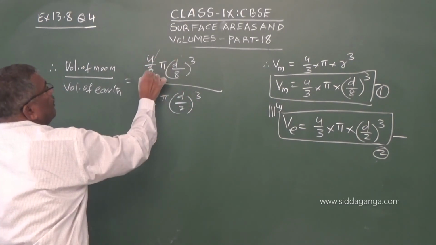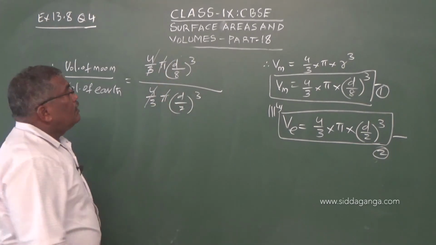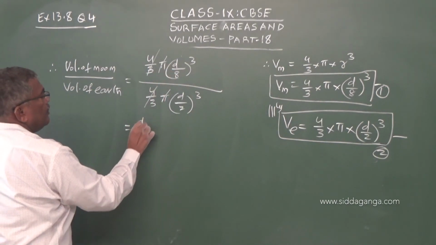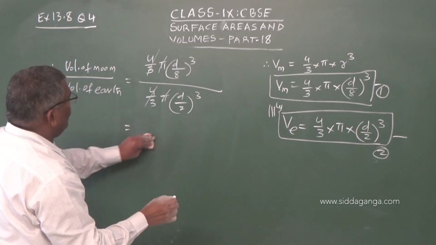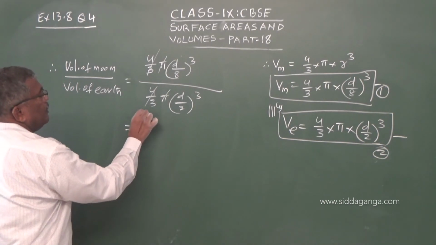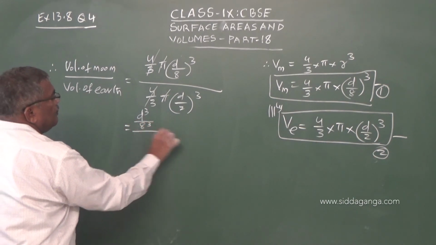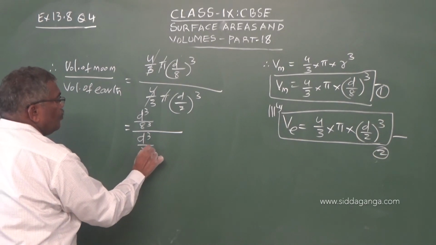So this 4 by 3, pi and pi get cancelled. So we are left with, in the numerator, D cube by 8 cube, divided by D cube by 2 cube.